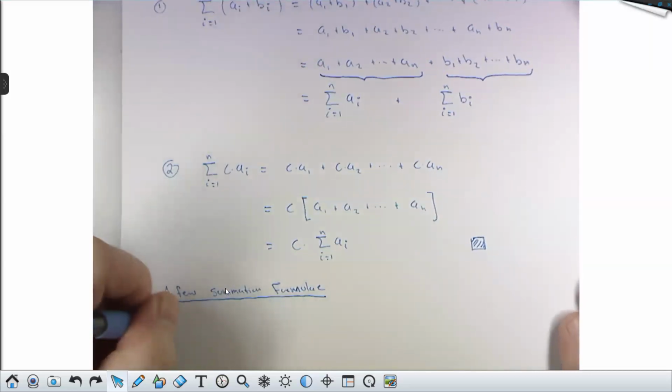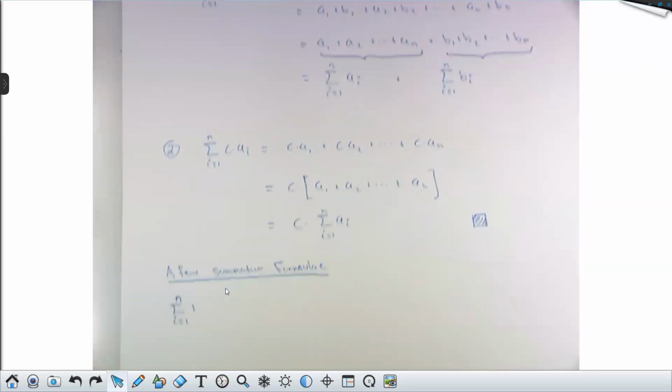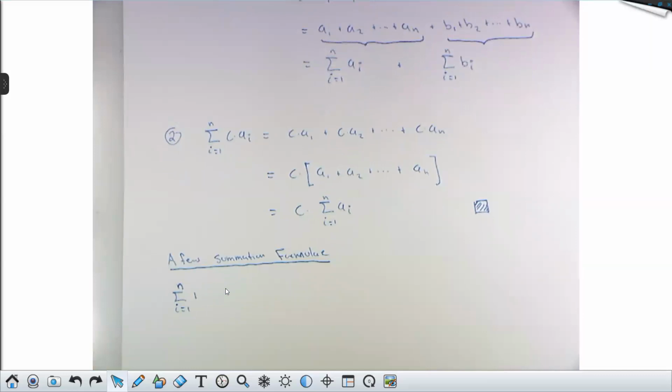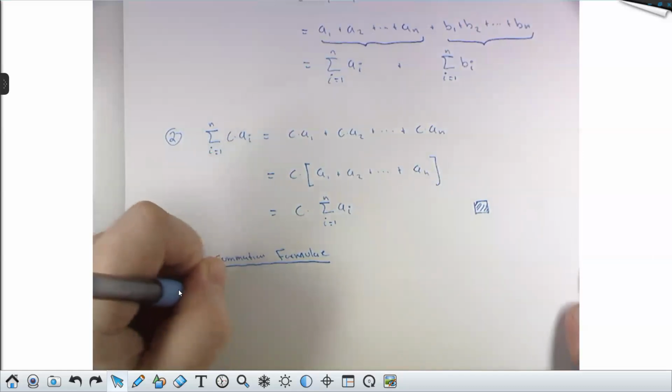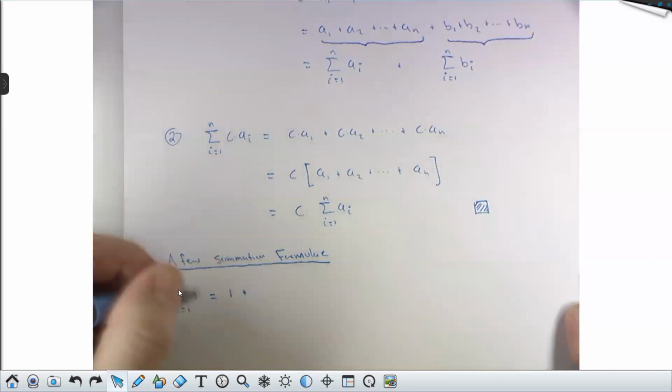So the first formula I'd like to give you is one that you could guess. If I sum from i equals 1 to n, the object 1. Let's think about what this is. This says I'm going to add this to itself as i runs from 1 to n. So when i is equal to 1, this thing would be 1. So we're going to add that to what we get when i is equal to 2. Well, when i is equal to 2, 1 is just 1.